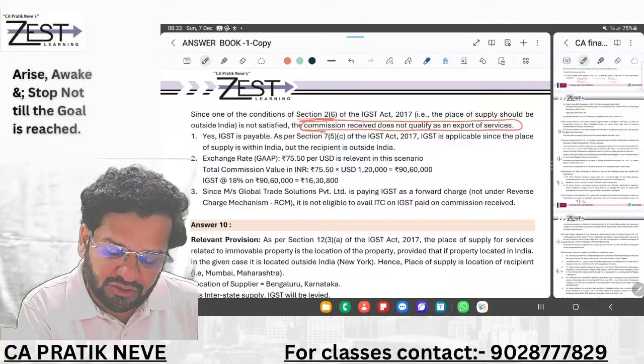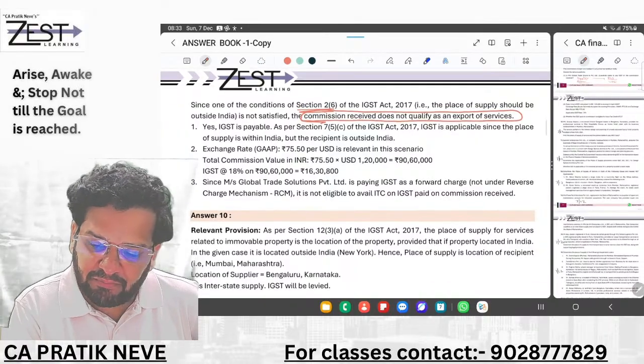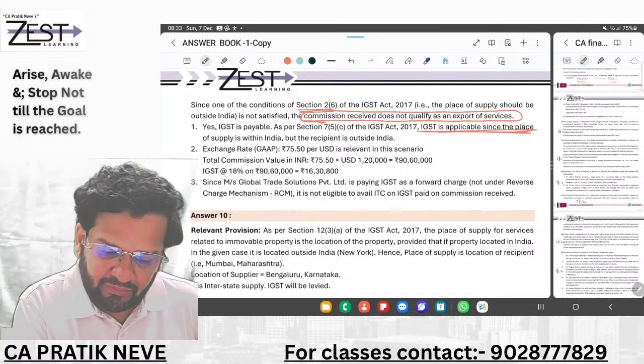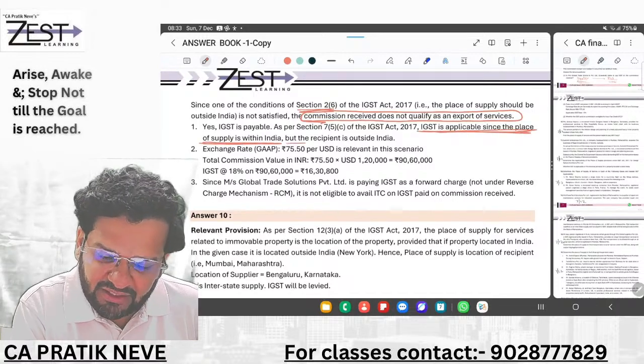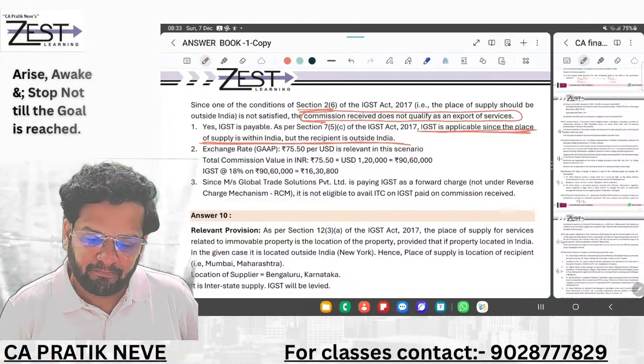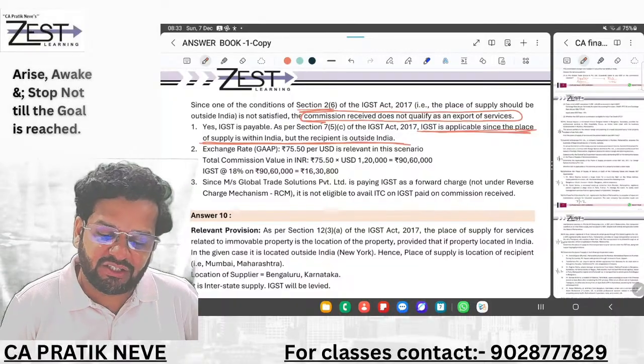Okay, so of course IGST will be payable since the place of supply is within India but the recipient is outside India. Okay, so what will happen with GST?